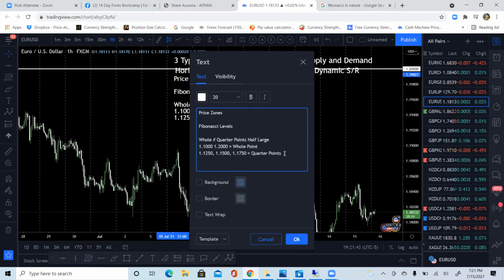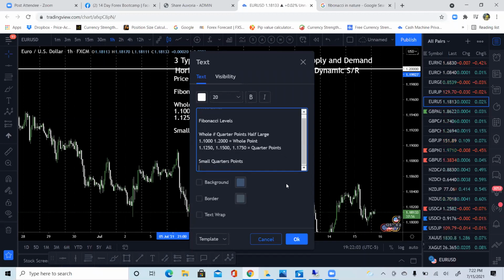Then you have, they don't necessarily call them small points, but basically I'll just say small quarter points on your smaller scale, which is what's more commonly traded, right? So instead of taking a whole number of 1,000 pips, the whole number would be 100 pips.